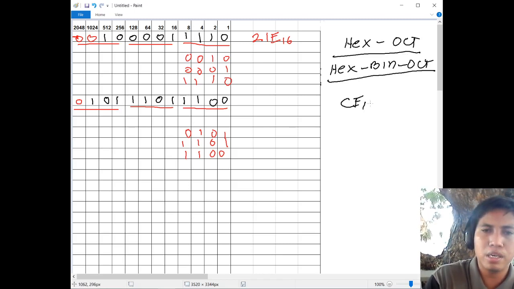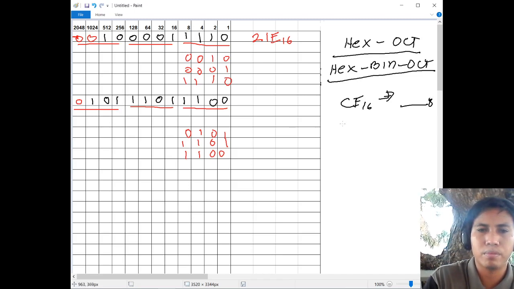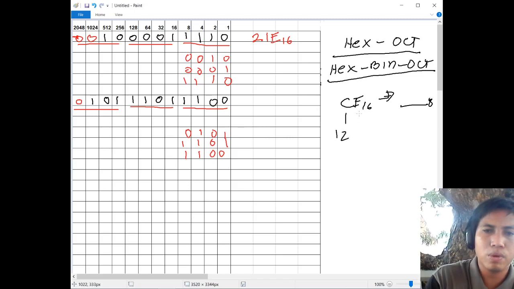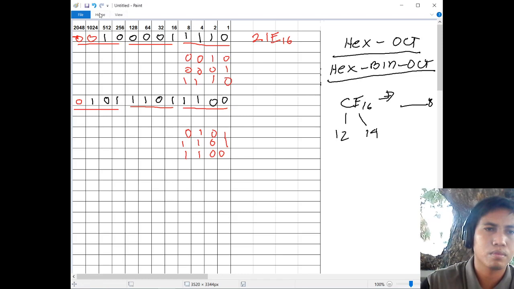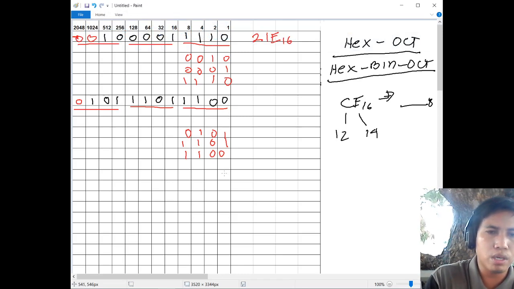So example, CE. CE base of 16, what would be the equivalent in base of 8? So C is actually 12 and E is actually 14. So if we are to put that one in here, E is 14, that would be 0, 1, 1, 1.